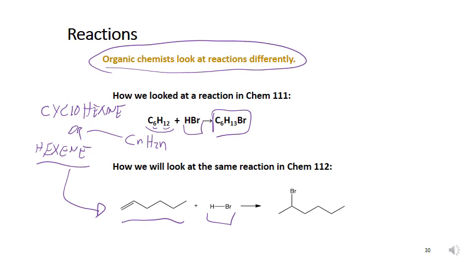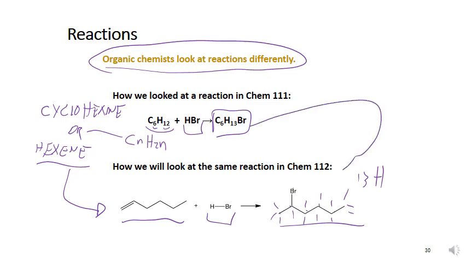And what we end up finding is this is the material that gets made. 13 hydrogens, 1 bromine, 6 carbons. That's what that stuff is. Okay, so how did it get there? How do we know? How do we predict? That's our job. Let's see what the job feels like.